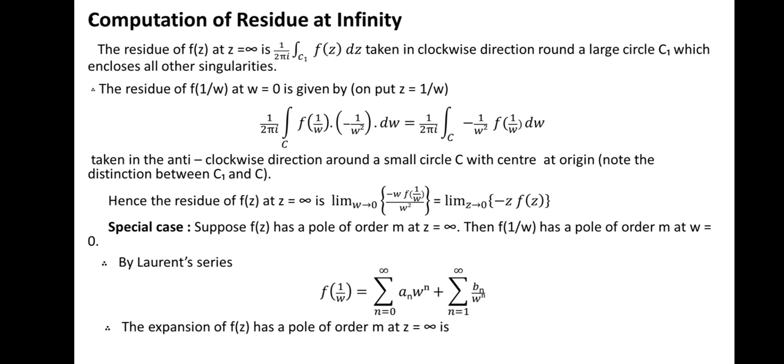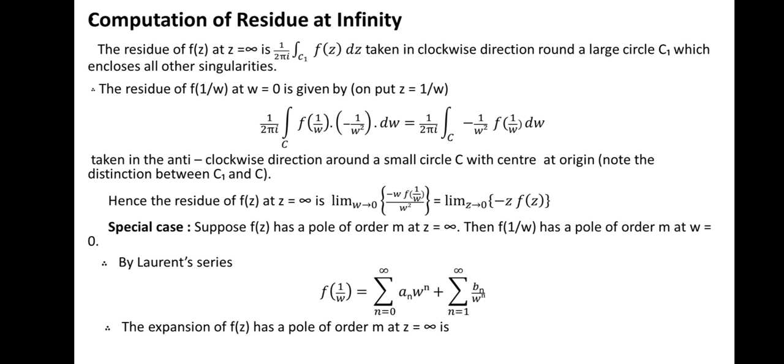Therefore, the residue of f(1/w) at w equals 0 is given by, on putting z equal to 1/w, 1/(2πi) times the integration over C of f(1/w) into minus 1/w² dw, that is equal to 1/(2πi) times the integration over C of minus 1/w² into f(1/w) dw taken in the anti-clockwise direction around a small circle C with center at origin. Note the distinction between C1 and C.